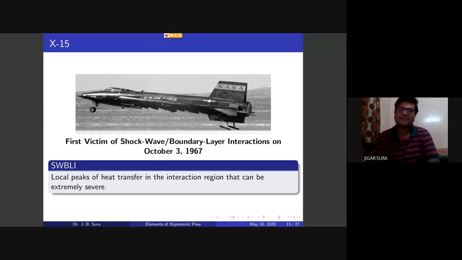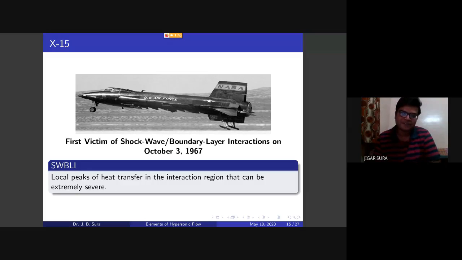So one phenomenon that happens is shockwave boundary layer interaction. Now in 1967, when this was not known to anyone, the plane X-15 of the US Air Force became the first victim. It was non-fatal, nobody died in that. But this is one of the aspects of hypersonic flow which needs proper attention at the design stage.